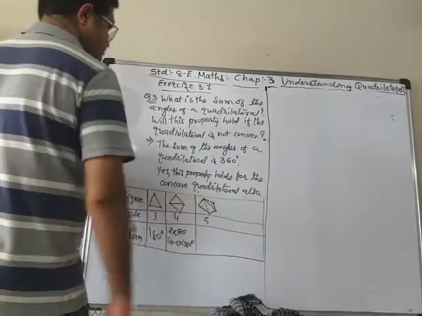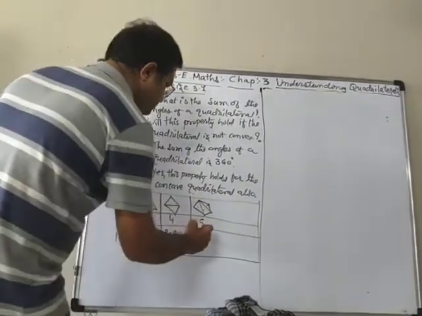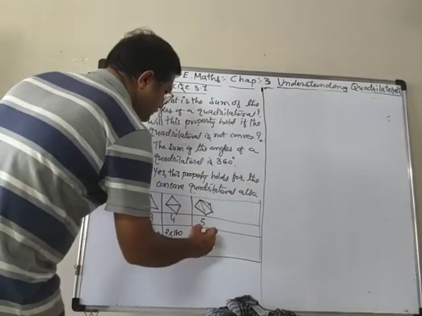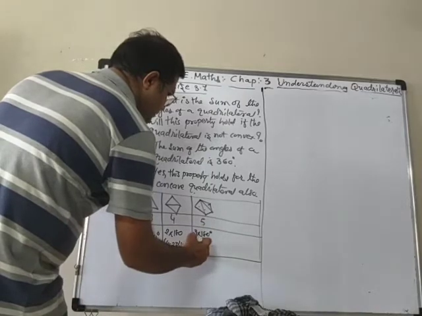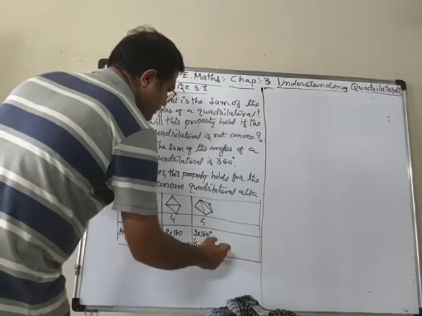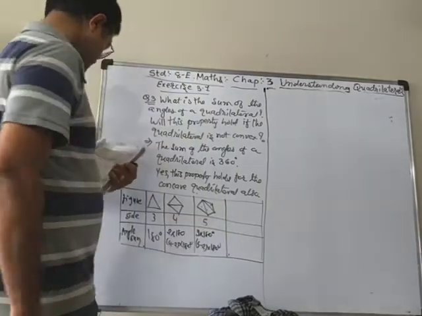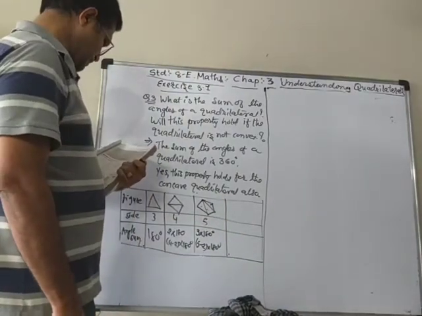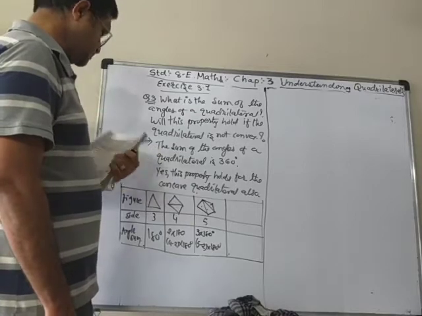So there will be 3 triangles, means 5 minus 2. So 3 multiplied by 180 degrees means 5 minus 2 multiplied by 180 degrees. And lastly, it's a hexagon.